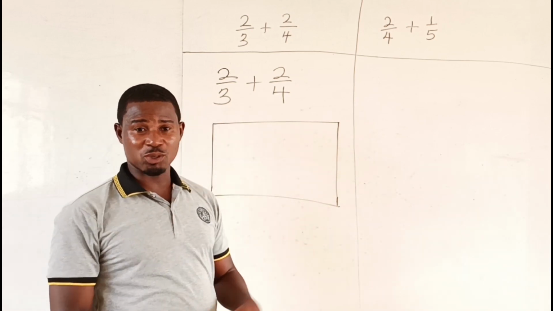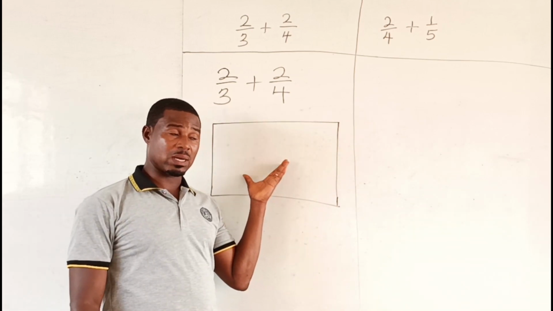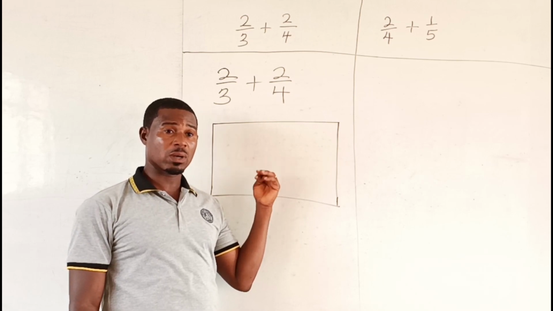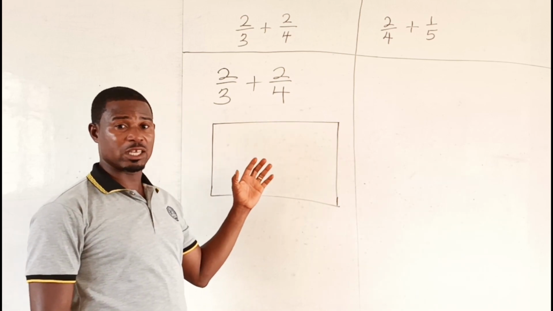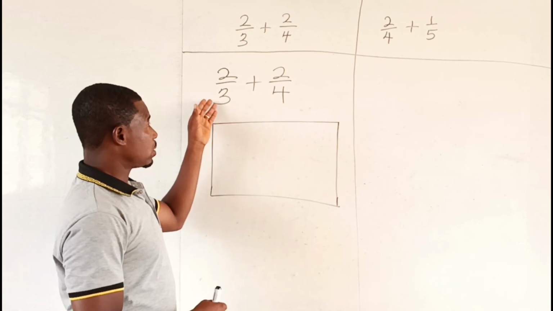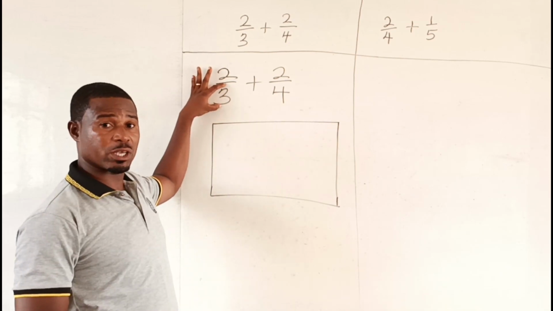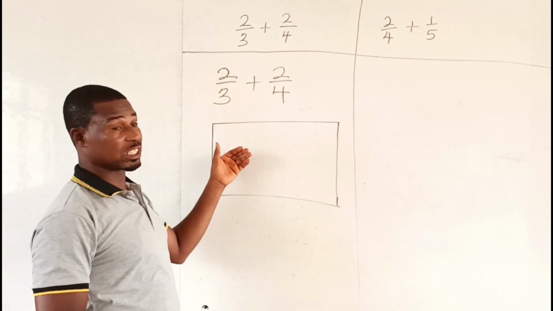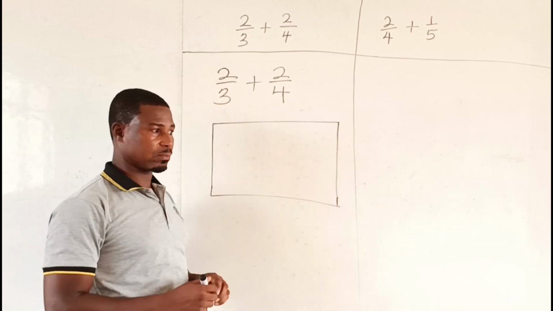I still would want us to use our whole, draw a whole and divide the whole. Let's take the first one. The first one, the denominator is 3, which means that we shall divide the whole into 3 parts.